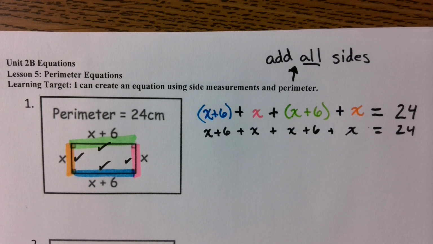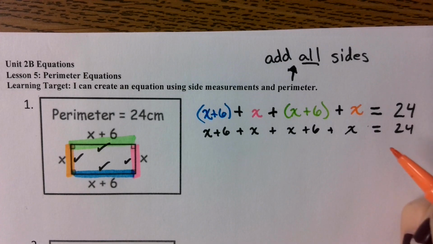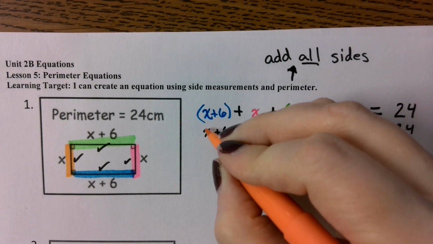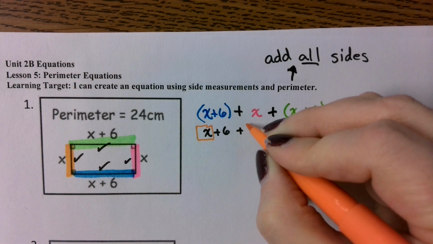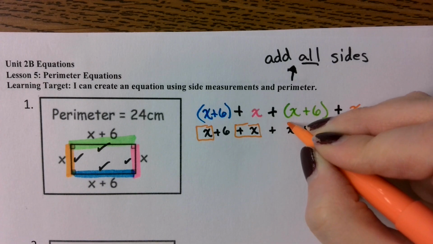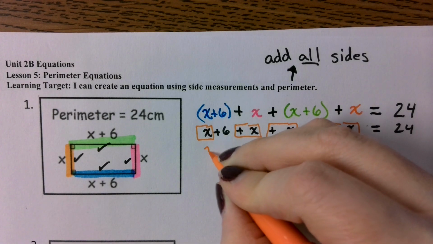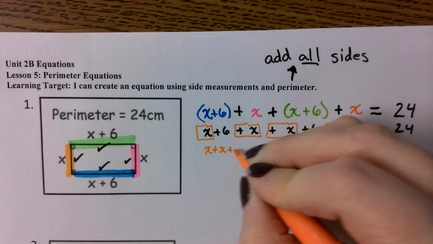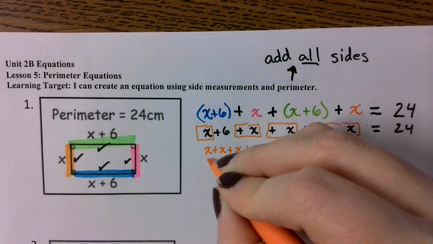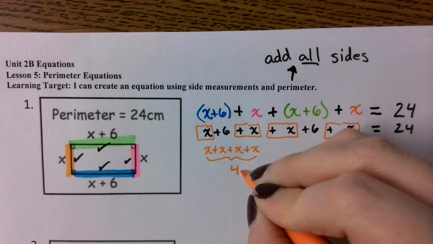Next thing I need to check, do I have like terms? Are there like terms in this problem, Phoenix? There are actually 2. 6 plus 6 is 12. Okay. 4 x's. All right, good. So we have several like terms, right? Like Phoenix said, we have 4 x's and they're all positive, so we can combine all 4 of those: x plus x plus x plus x gives us 4x.